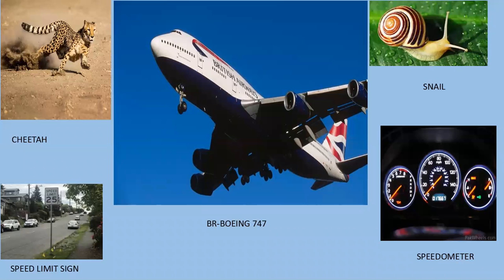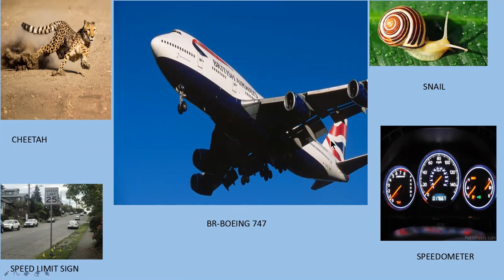It flies at about 300 meters per second. What is the speed of Boeing 747? It is 300 meters per second. In 1 second, it can fly 300 meters. It is a very fast speed.